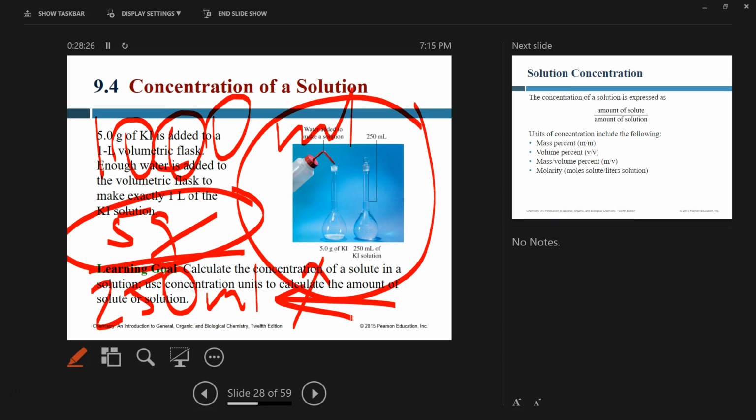So 250 is a fraction of 1,000, right? What is the fraction? 1/4. Okay. So if you have 5 grams in a quarter of a liter, how many grams are you going to have in the whole liter? 20. 4 times more. Does that make sense?